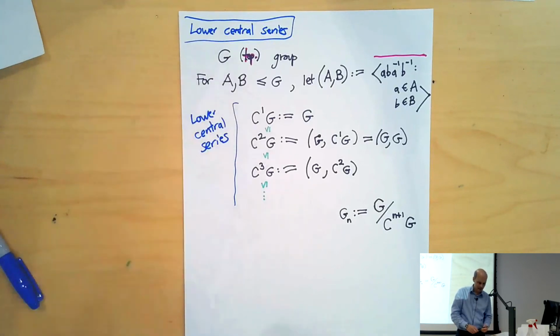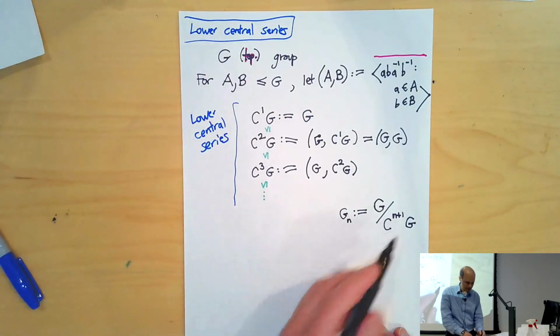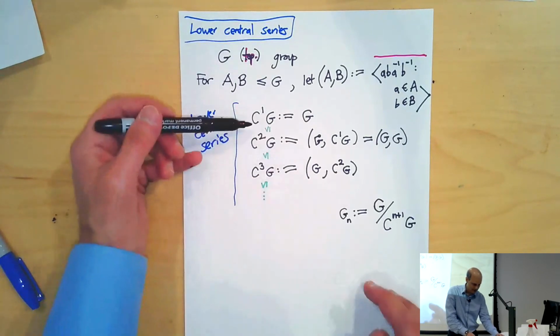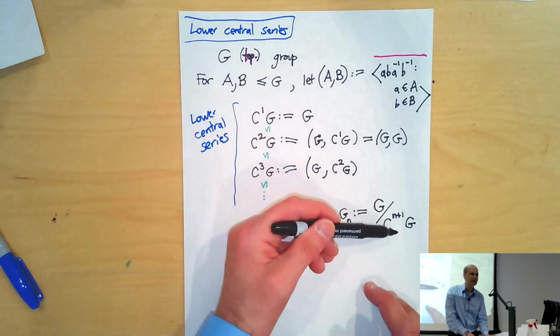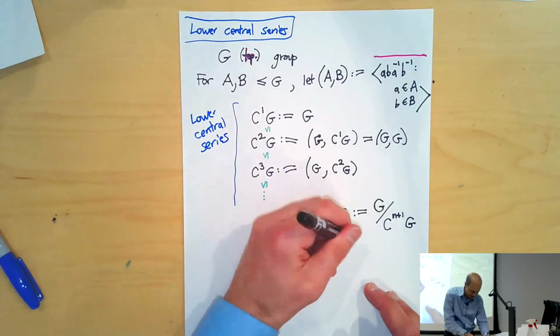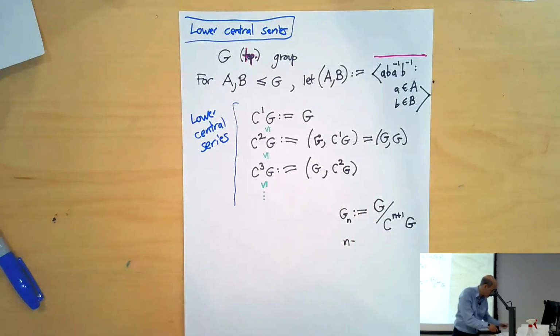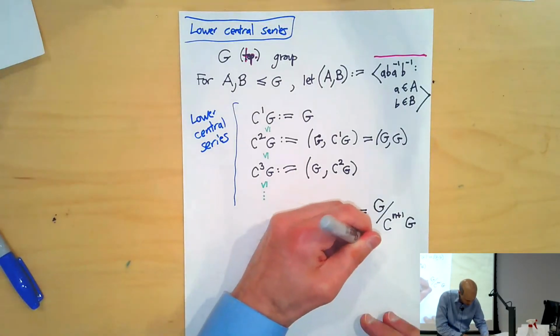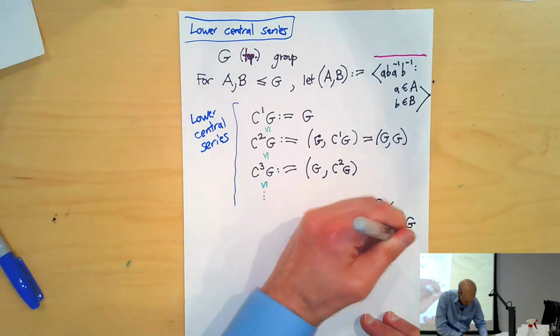And the reason for putting n plus 1 here is that I'm measuring the difference between C1 of G and C_{n+1} G. So this is going to be an n-step nilpotent group.